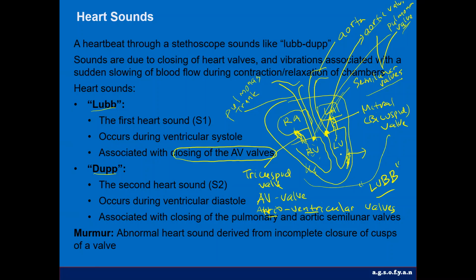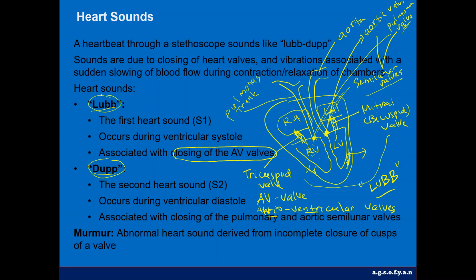When the blood is empty in the ventricle, the ventricle will relax. When the ventricle relaxes, the pulmonary valve and aortic valve will close at the same time automatically. But it will also give a sound, and the sound of the closing of the semilunar valves, the pulmonary valve and the aortic valve, is called the dub sound.